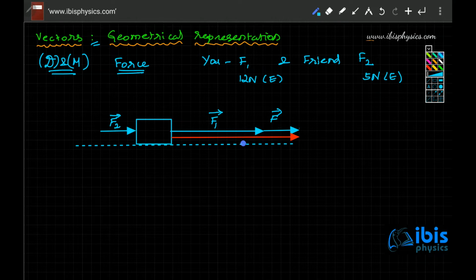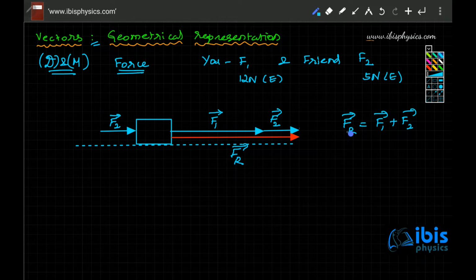The net force, let us call it F resultant. The F resultant vector is the sum of the two vectors. Because you have not changed the direction or the magnitude of F2, it is as such F2. This FR is the sum of these two, so the resultant vector FR is F1 vector plus F2 vector.